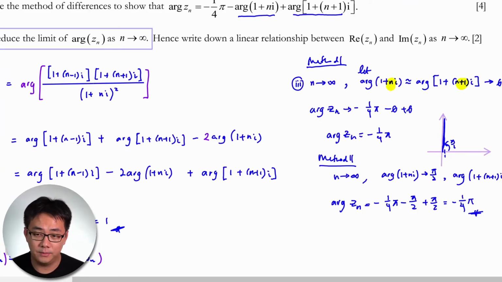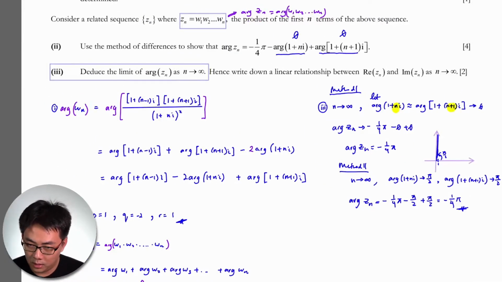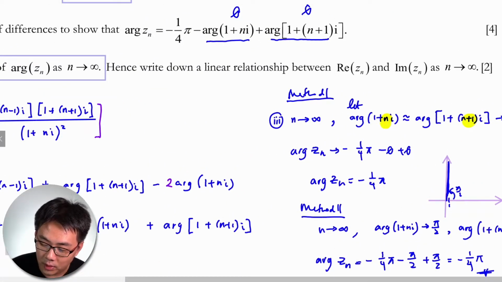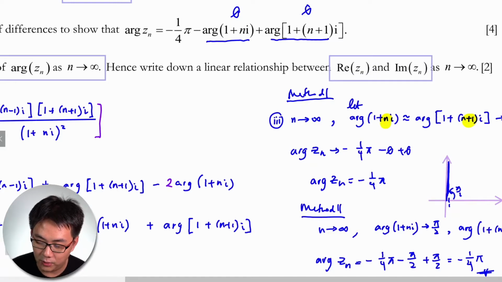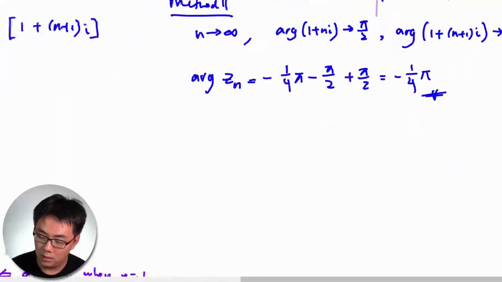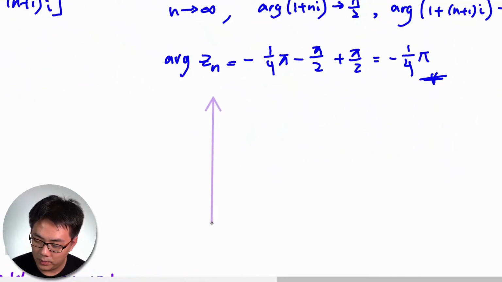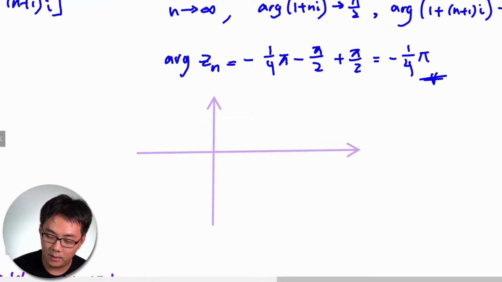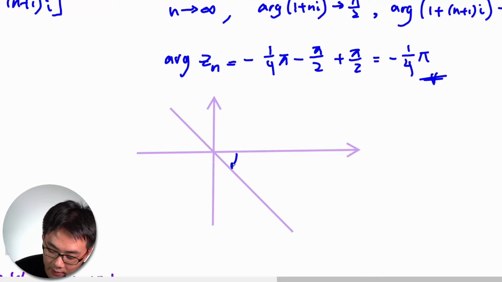Now you're asked to then show, hence write down a linear relationship between the real part of Zn and the imaginary part of Zn. If the argument of Zn is negative pi over 4, you're looking at this line here. This is negative 45 degrees.